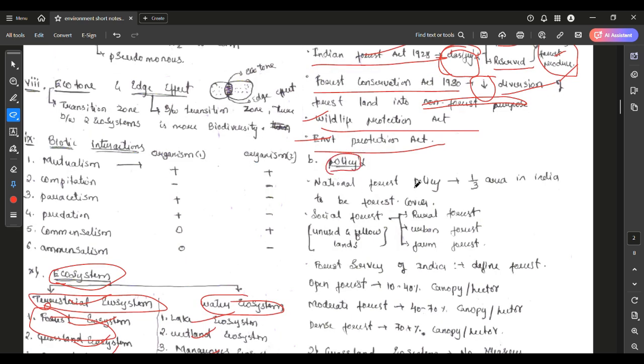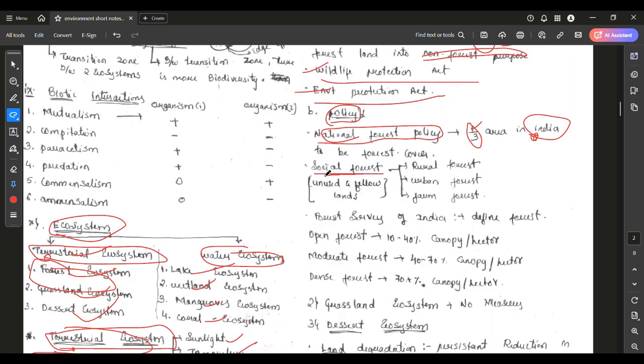And there are some policies, such as the National Forest Policy, under which the government says that the entire Indian landmass should contain one third area of forest. Like that, you can also write about social forestry, which utilizes unused and fallow lands for forest production.